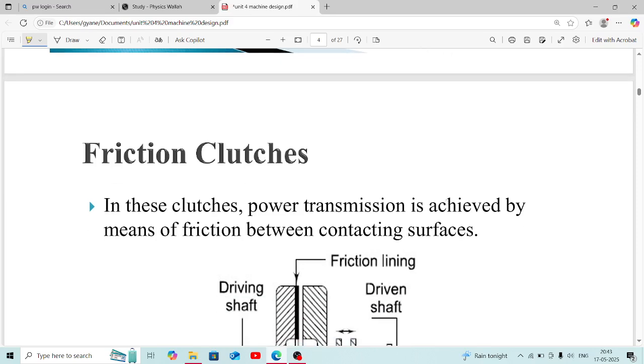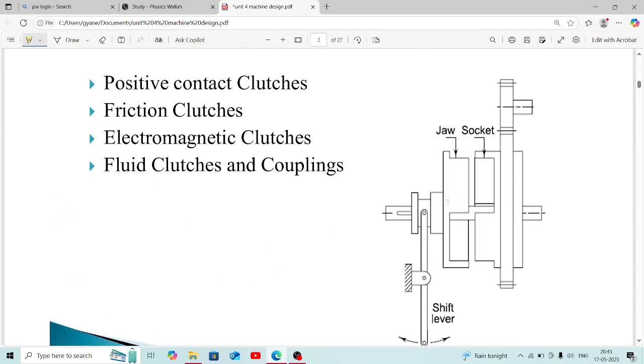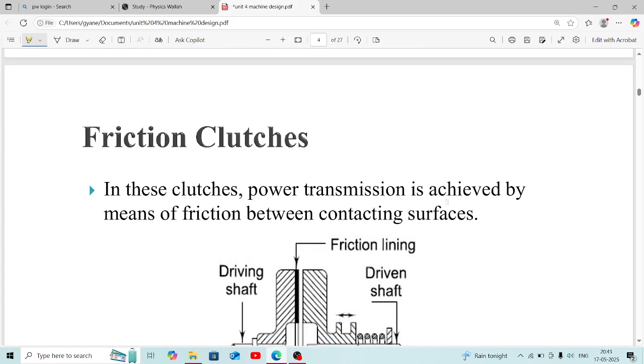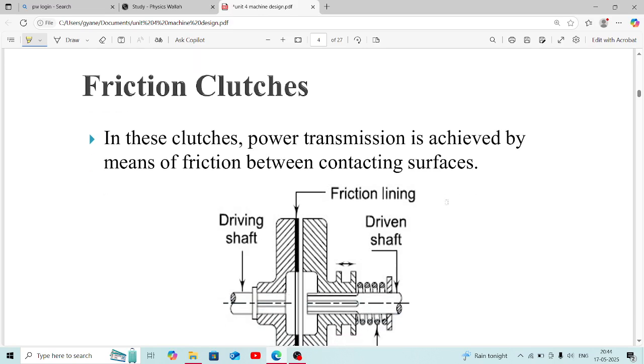So come to the friction clutch. This is the second type of clutch. In this clutch, power transmission is achieved by means of friction between contacting surfaces. Friction is used to transfer the power.